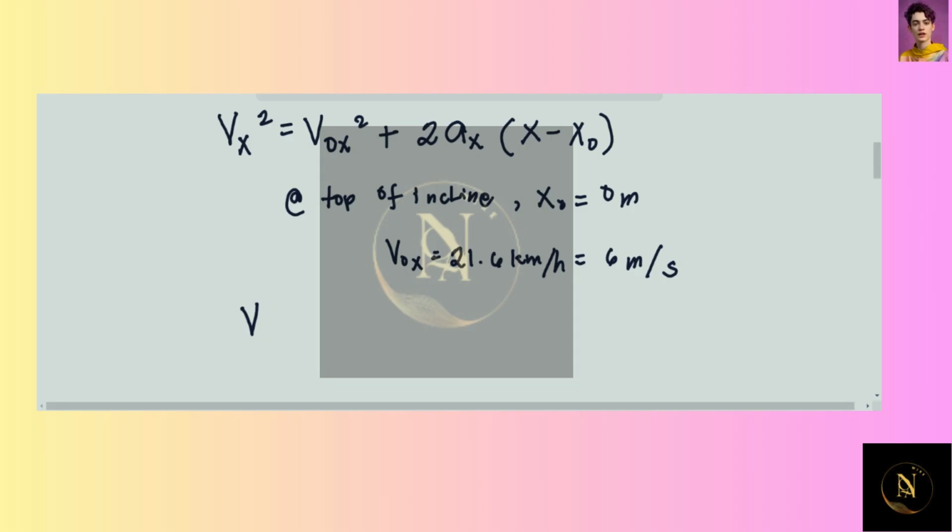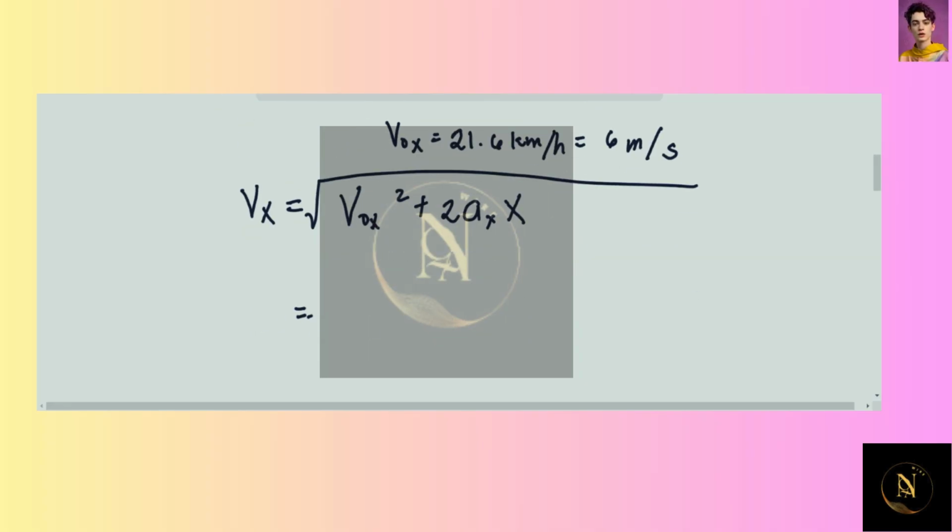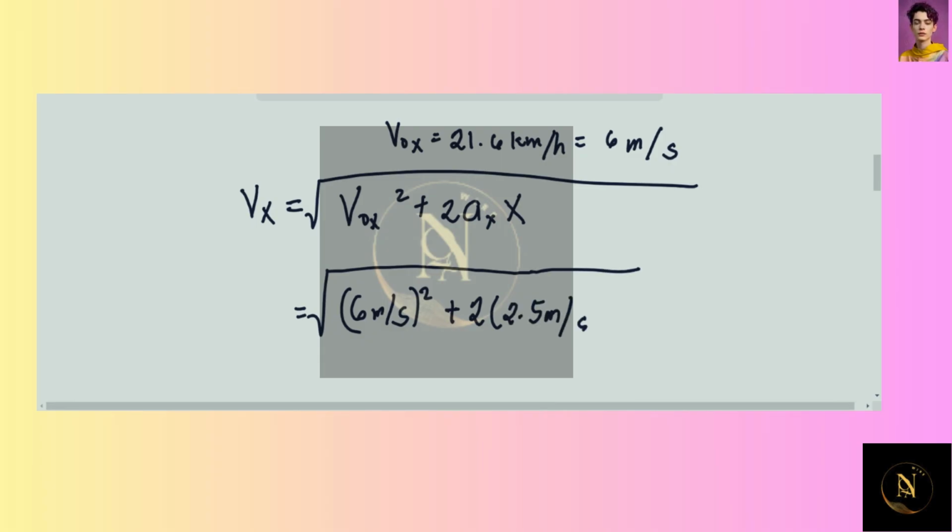Getting the square root of both sides, we have v sub x equal to square root of v sub naught x squared plus 2 a sub x multiplied by x, which is just equal to 6 meter per second quantity squared plus 2 multiplied by acceleration 2.5 meter per second squared, and then the length of the inclined road, which is 12.8 meters.